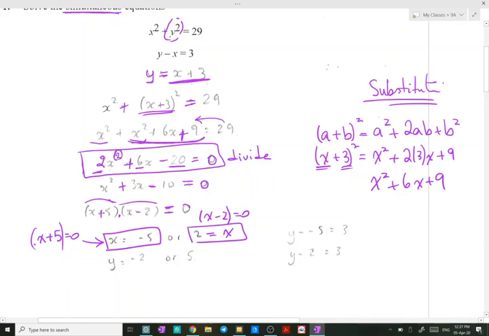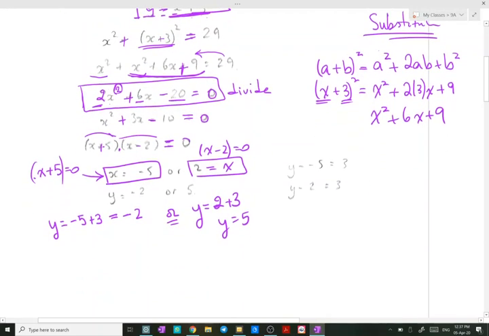After we find the value of x, we replace it in the equation of y. So y is equal to minus 5 plus 3, which is equal to minus 2. And when x is 2, we have y equals 2 plus 3, which is equal to 5.